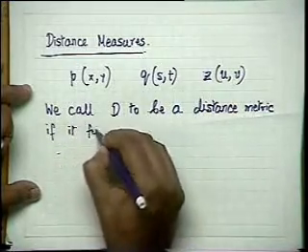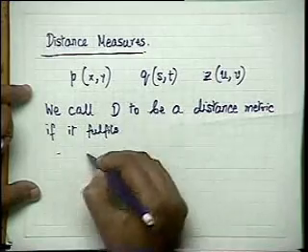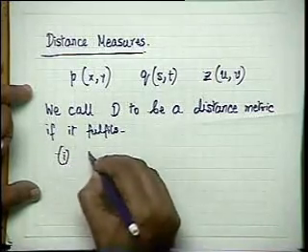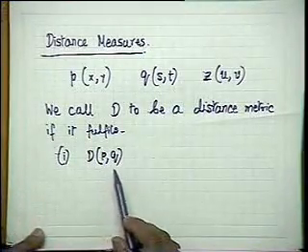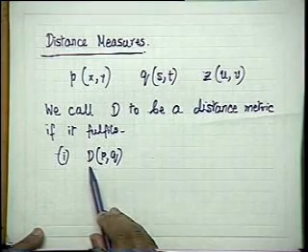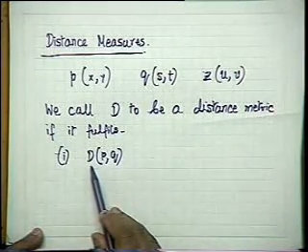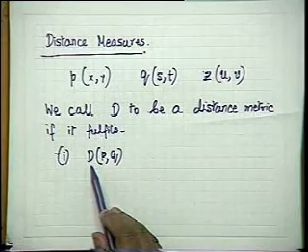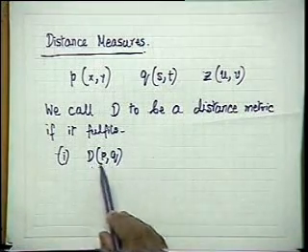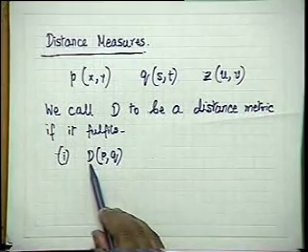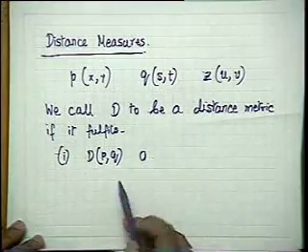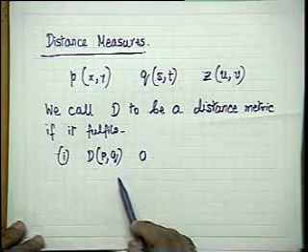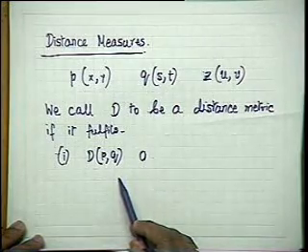Which properties? First is that if I take the distance between P and Q, assuming that D is my distance function, can you tell me whether D of PQ should be greater than or equal to 0, or can it be less than 0 also? It cannot be.